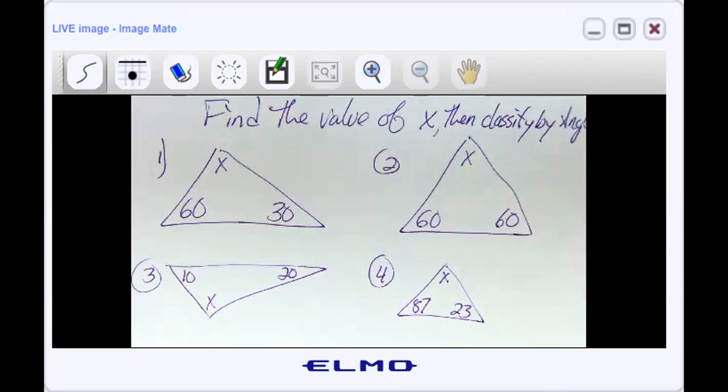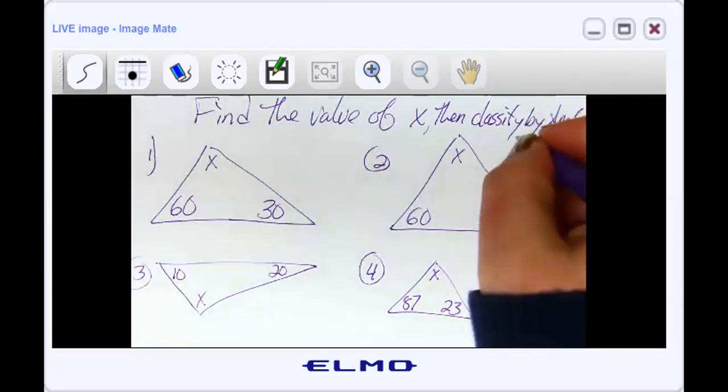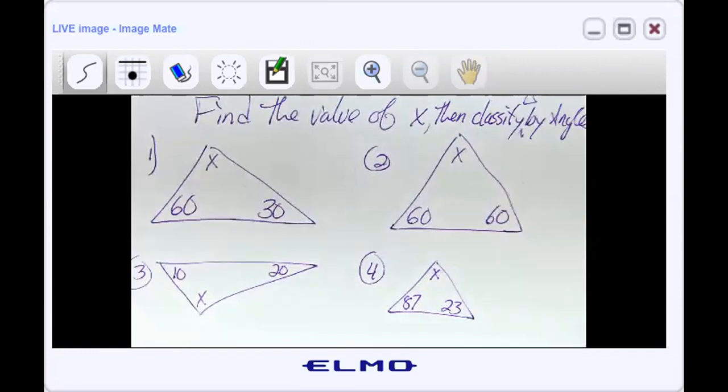You don't have to do by sides, just by angles. So your choices would be acute, right, or obtuse. For the whole triangle, not just the angle that you found. Classify triangle by angles.